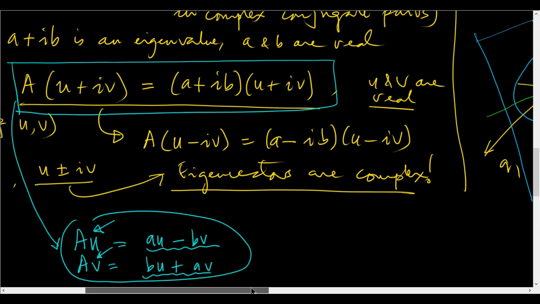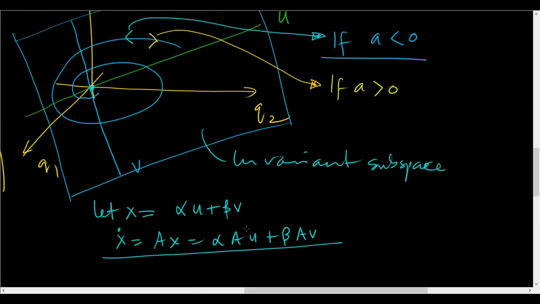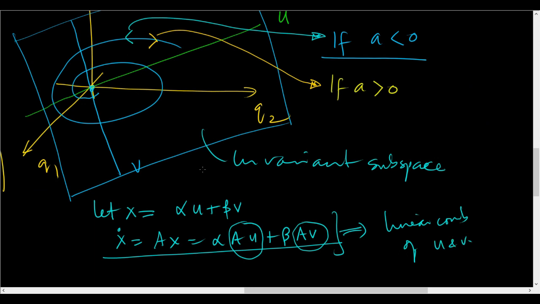That is why when you come here, you are ending up with a linear combination of u and v. This means the rate of change is in this plane, and it stays in the plane.